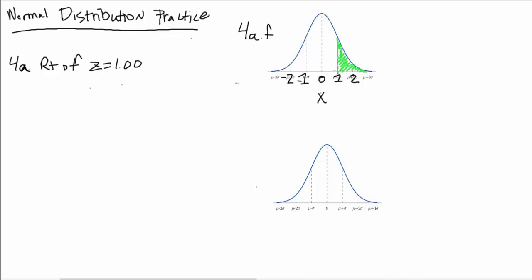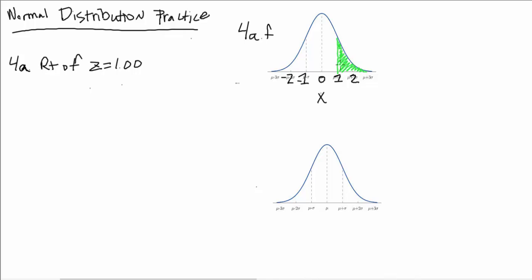What proportion of people will be in this curve? We know 100% of the people will be under the totality of this curve. We know if we divide it in the middle, 50 fall below, 50 fall above, but how can we get exactly to the right of z equals 1.00?